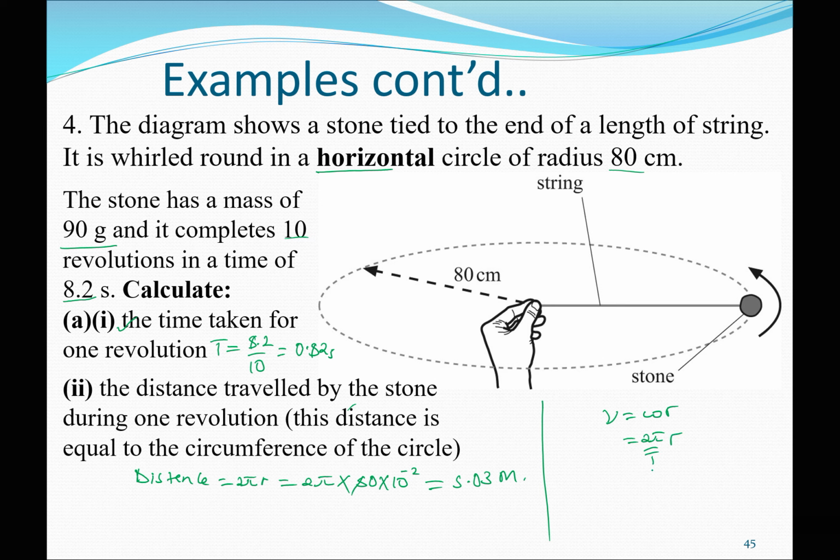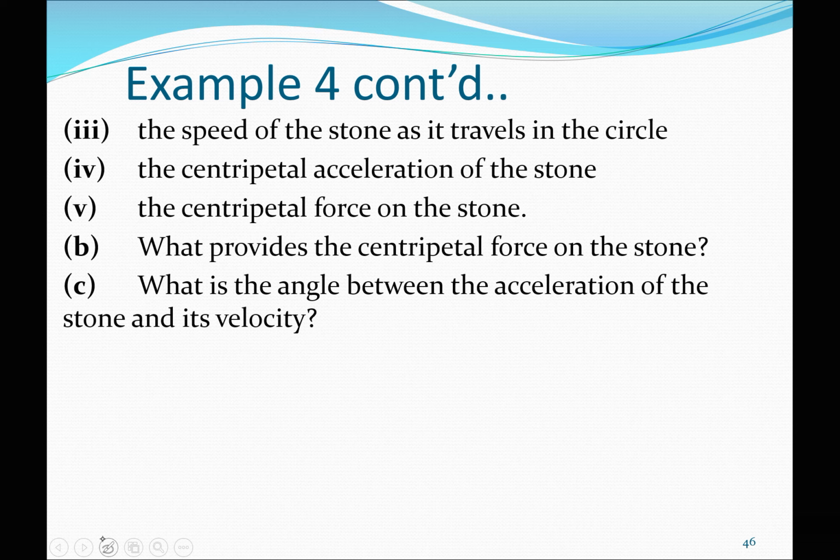We have the period and we have the radius as 80 exponent minus 2, or 0.8. So the speed v, that is Roman 3, v is equal to omega times r, which is equal to 2 pi over T times r.